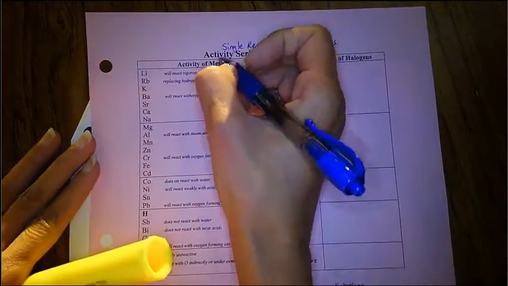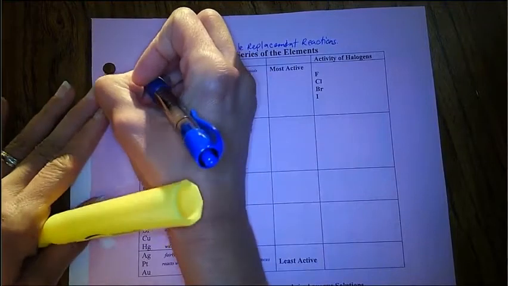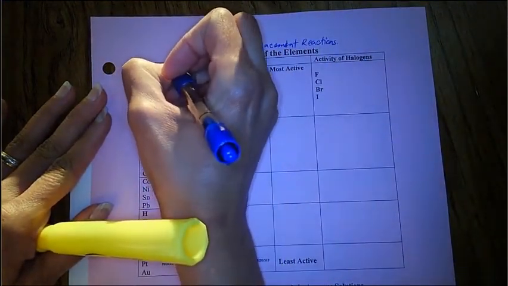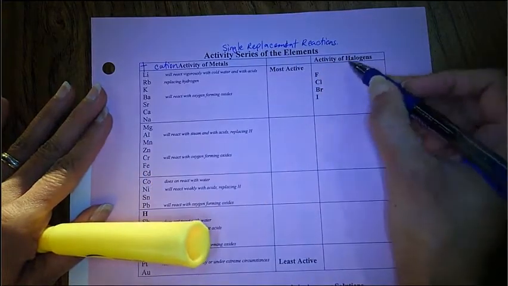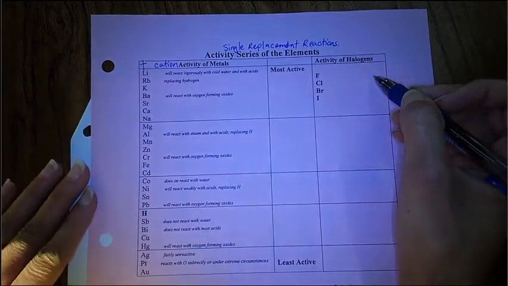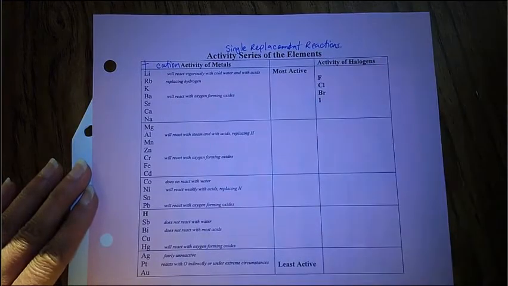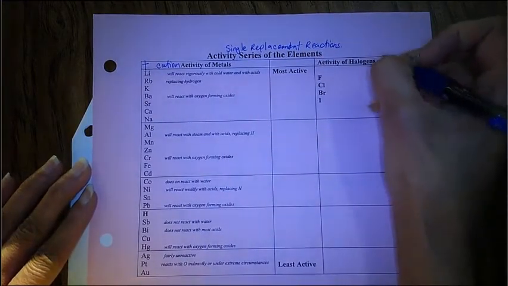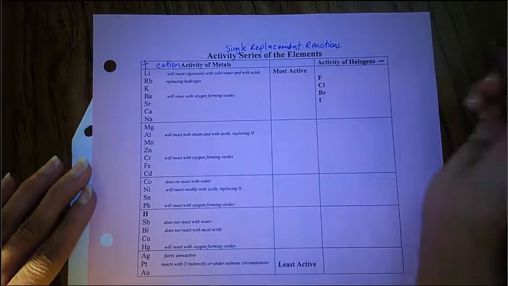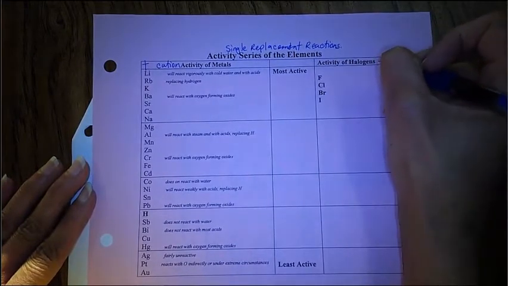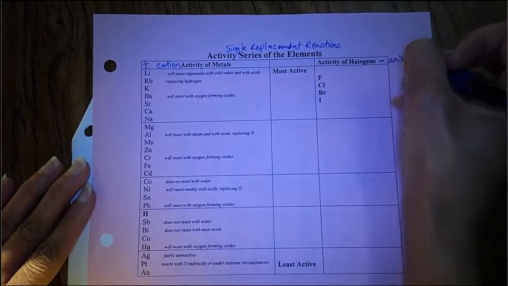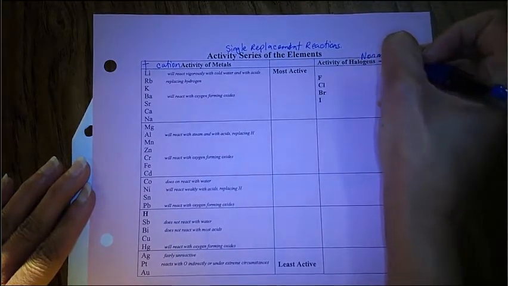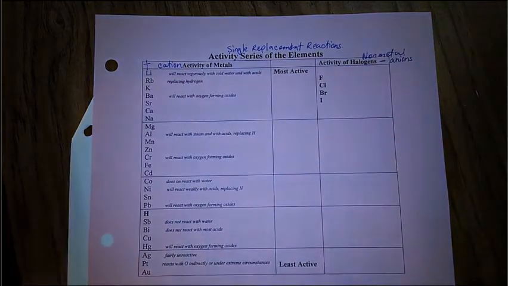These are your metals, which means that they are positively charged, and these are your cations. Your nonmetals or your halogens are always in the second column of your chart, and keep in mind, these are negatively charged, and these are your anions. Okay, it doesn't say this, but these are your nonmetals that show up on your periodic table, your halogens.